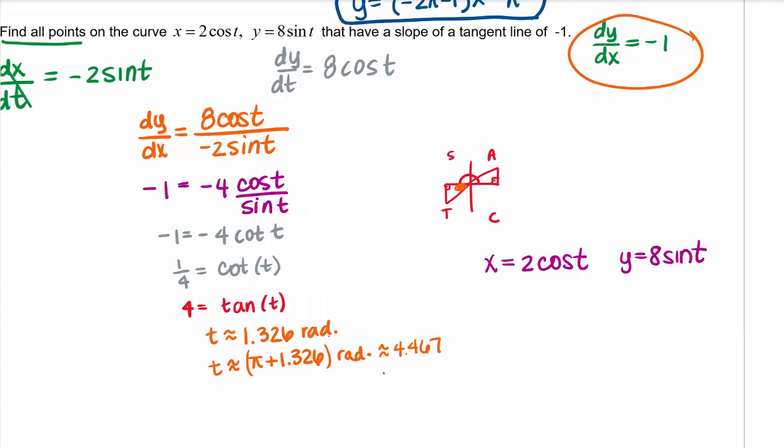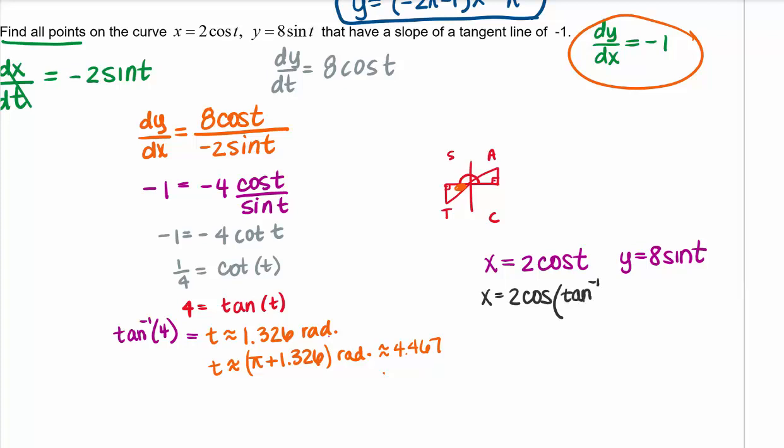I can show you how to keep these exact, because this t is also just inverse tangent of 4. So for example, if I had to keep it exact, I could say x is 2 cosine of, t is inverse tangent of 4.